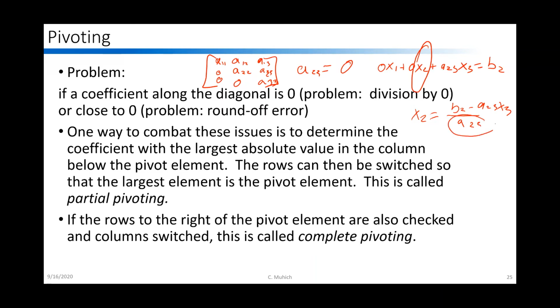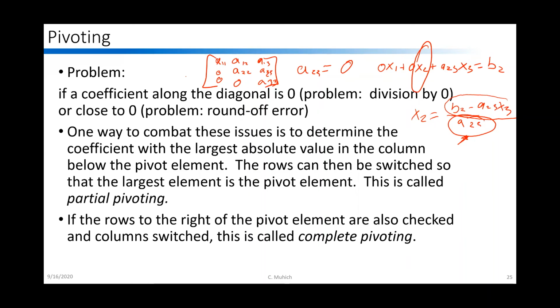If this is very small, this is going to blow up and be huge. And small differences in this number, with how many decimal points I'm keeping track of, are going to change the behavior.